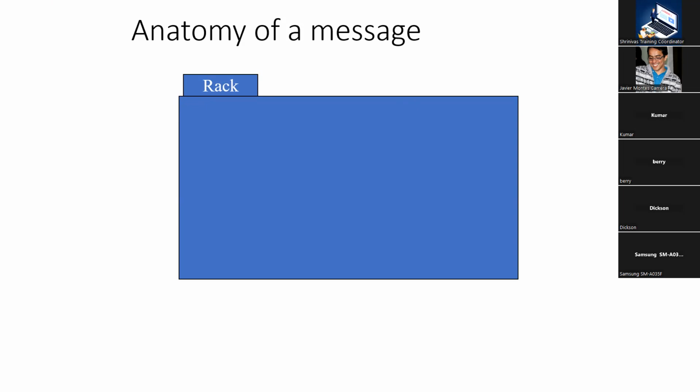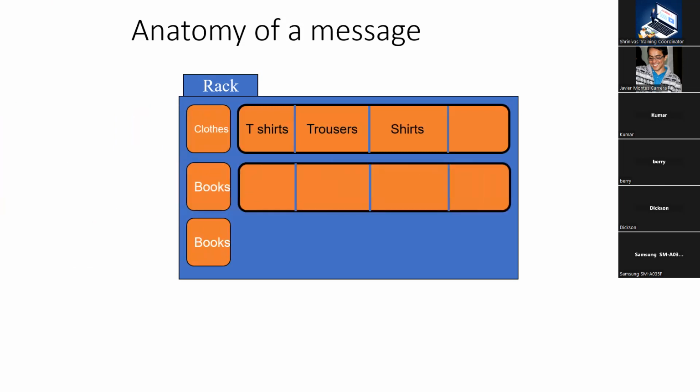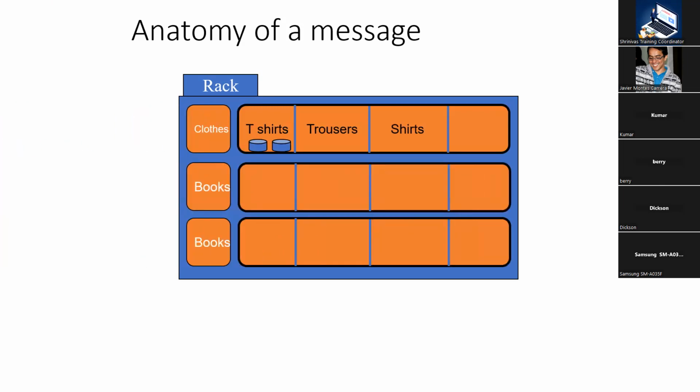Let's say that there is a rack in a house and there are multiple shelves, right? We have clothes in the first shelf, books in the second shelf, and the third shelf also has some books. Every shelf is divided into different compartments. The first compartment is dedicated to t-shirts, the second to trousers, the third to shirts, and so on.